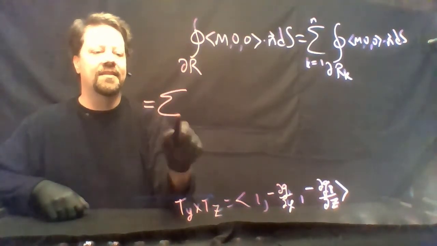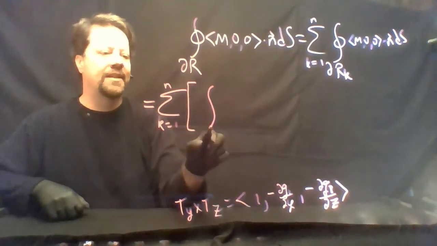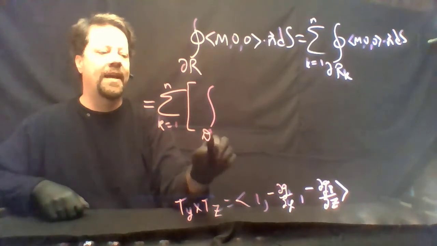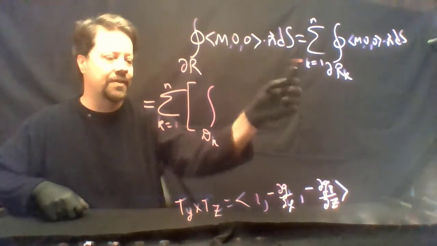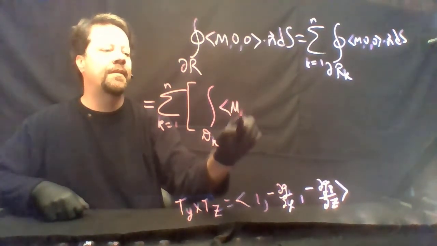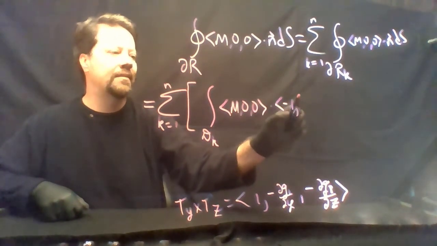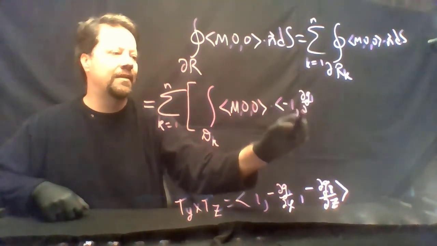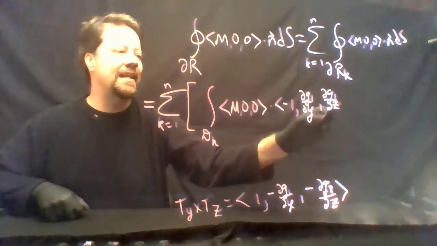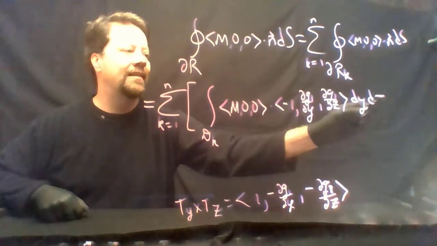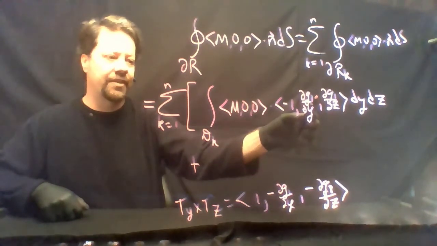This gives us the sum as k goes from 1 to n, and we'll break this up into a surface integral on the domain for the region k involving y's and z's for the surface. We're going to have M, 0, 0 dotted with the vector -1, positive dg1/dy, and then positive dg1/dz, dy dz, plus, that's the integral on the back face involving g1.